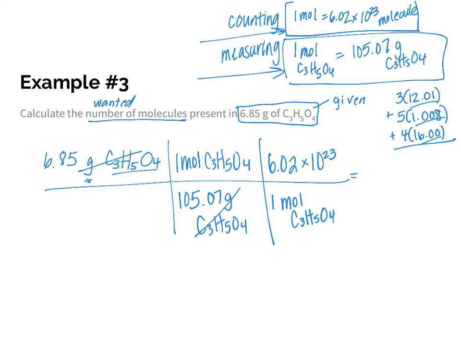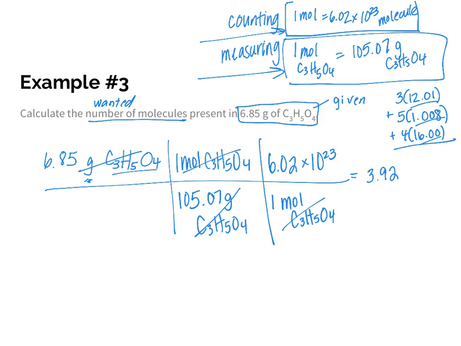If I typed this into my calculator, I would do 6.85 times 1 times 6.02 times 10 to the 23, depending on if you're using the caret or the EE button, and then divided by 105.07 divided by 1.